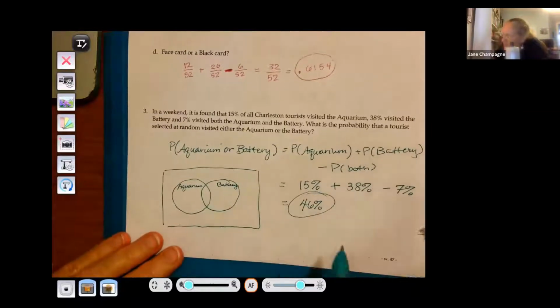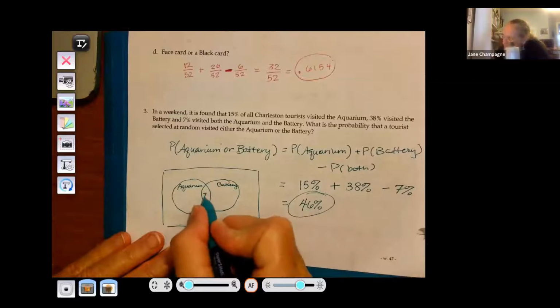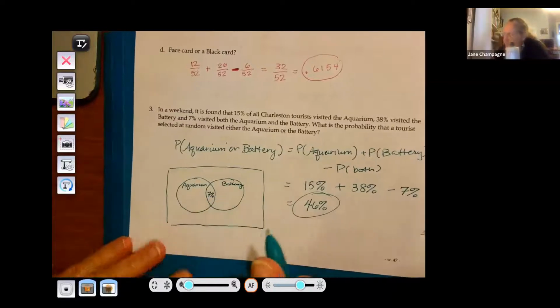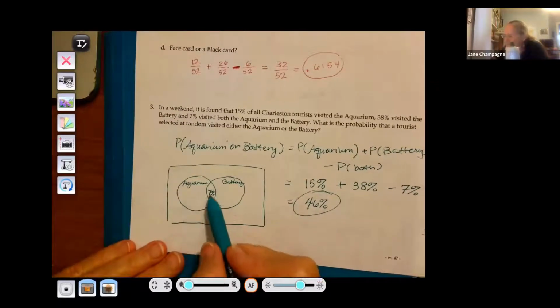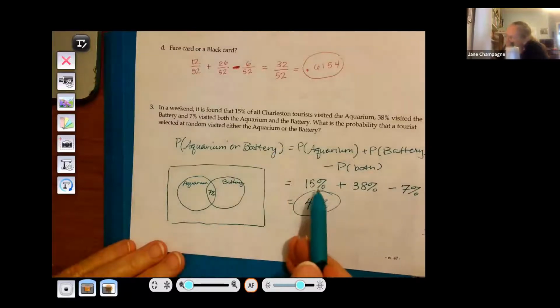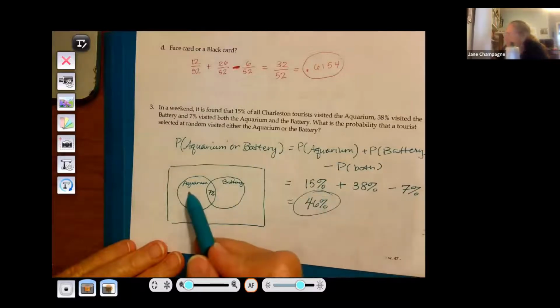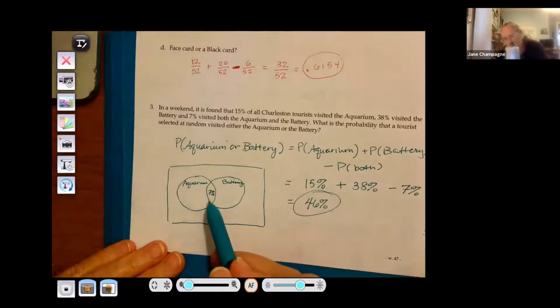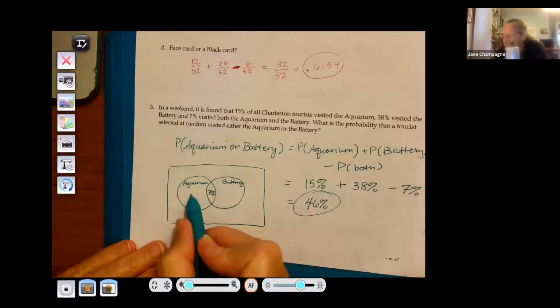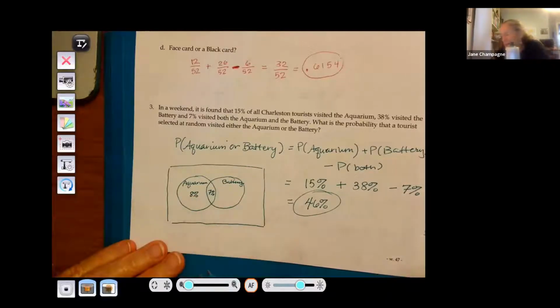And we've got 7% here in the middle, right? So the point is that the 15% that went to the aquarium includes that 7%. So that means there's actually 8% that went to the aquarium but not the battery.